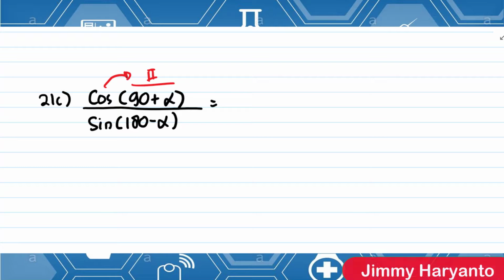Cos in quadrant 2 will be negative, and then remove the 90. The cos will be changed into sine because the benchmark is not normal. For this one is in quadrant 2. Sine in quadrant 2 will be positive, and then it's normal, so it will be sine alpha. You can cross out sine alpha, equals to negative 1.